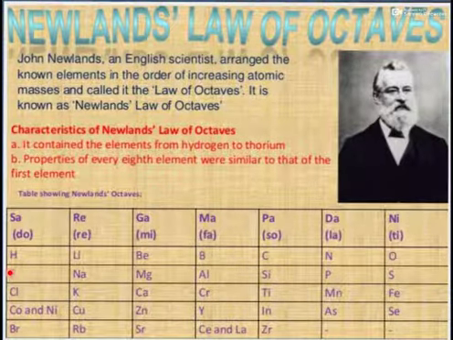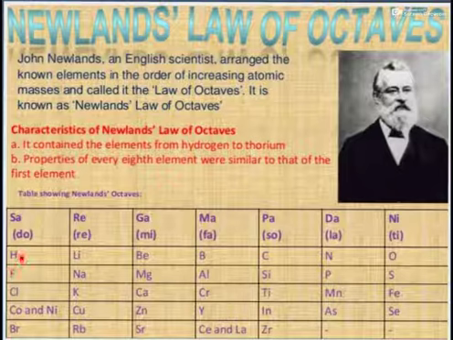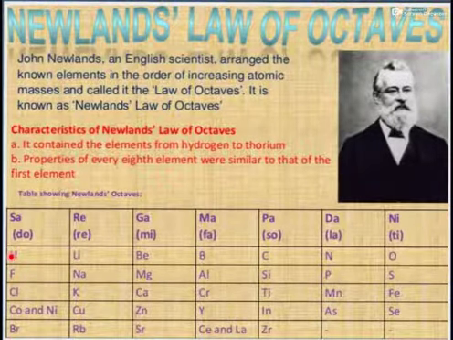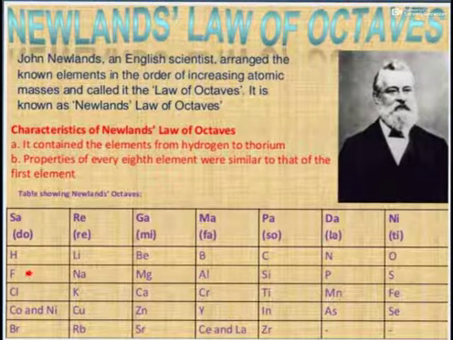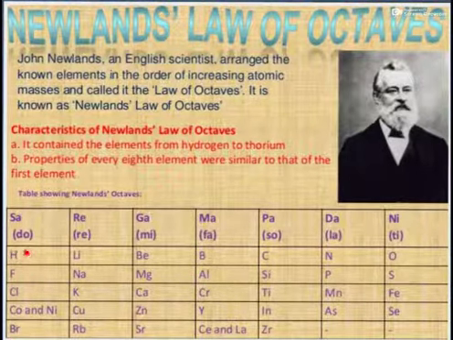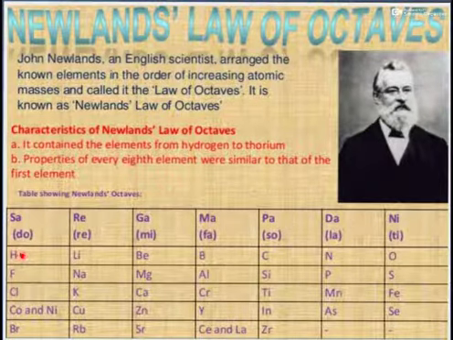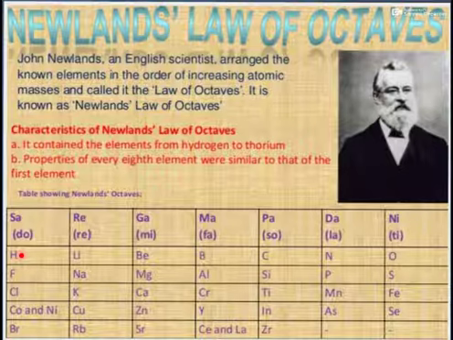According to his law, the properties of the first one will be repeated by the 8th element. So the property of hydrogen shown in his table will be repeated by fluorine.